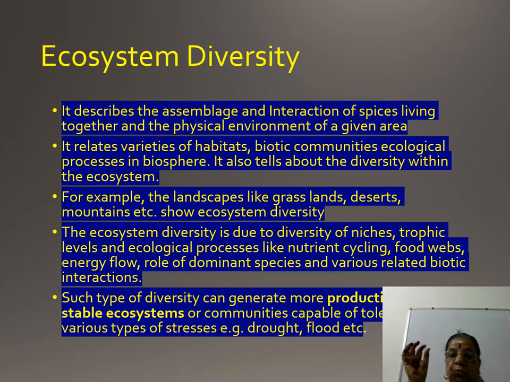A food web comes from food chains. For example, a food chain: grass eaten by grasshopper, grasshopper eaten by snake, snake eaten by eagle. Take that as one. Similarly, grass eaten by grasshopper, grasshopper eaten by frog, frog eaten by snake. When food chains go around and interlink like this, that is a food web.